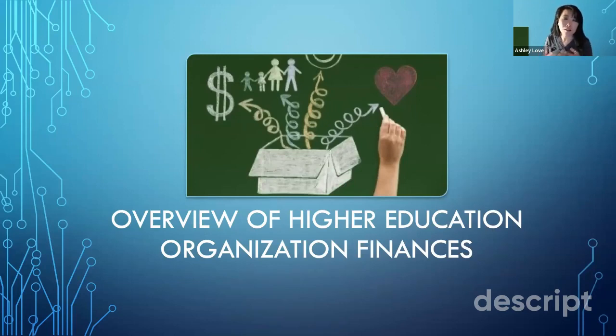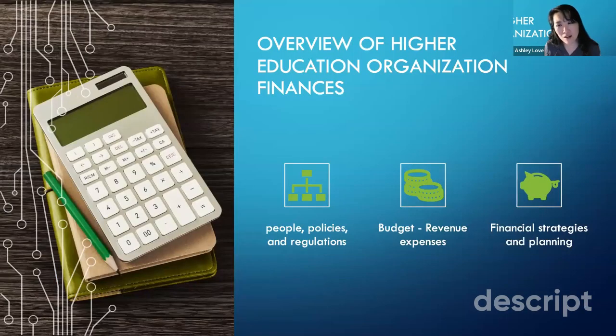Those of you with some finance background, the higher education finance is very specific because, like other organizations, we are focused on vision, mission, as well as the strategic plan of the organization. But our main goal is for sure to make sure that we are educating our students.